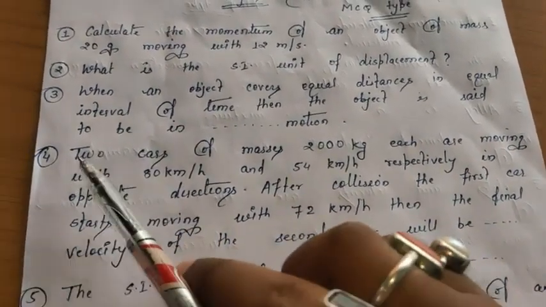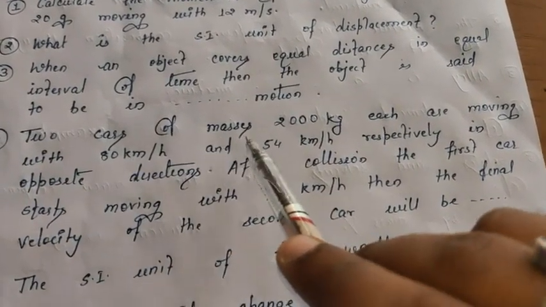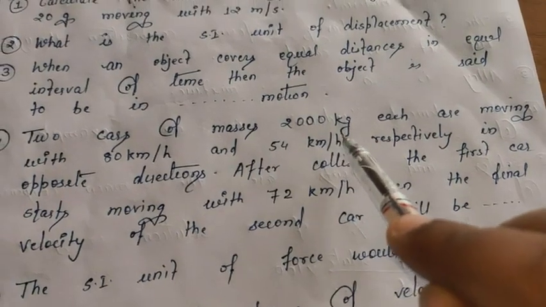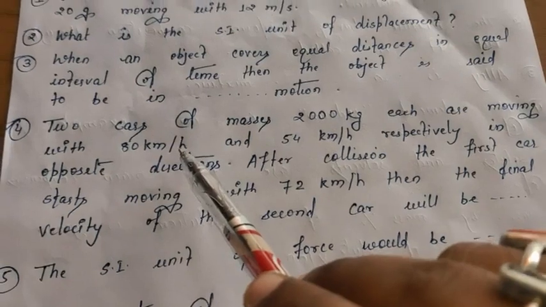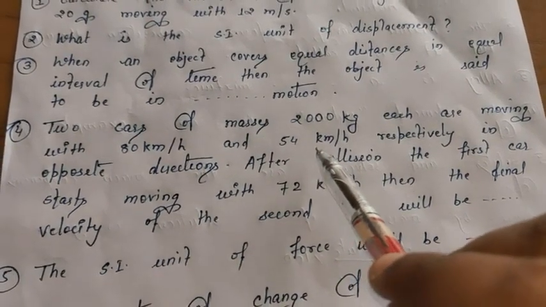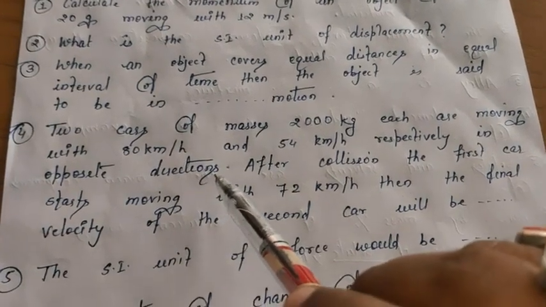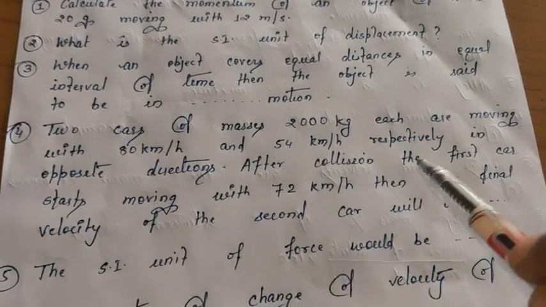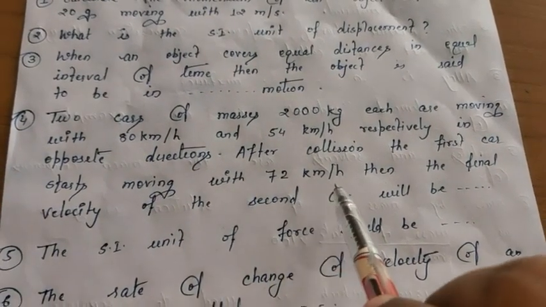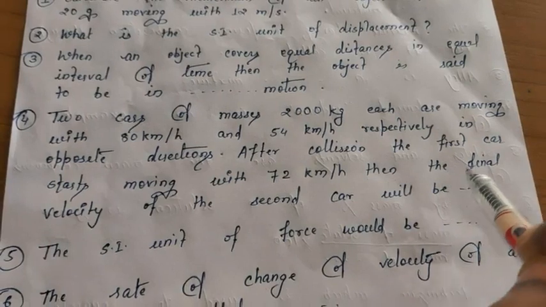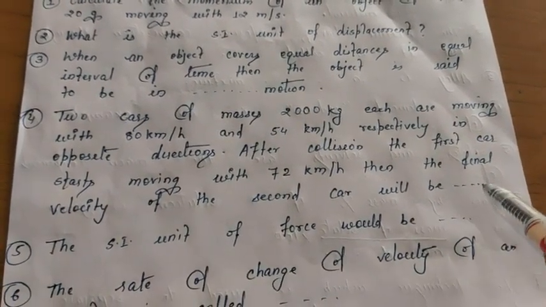The fourth question is: 2 cars of masses 2000 kg each are moving with 80 km per hour and 54 km per hour respectively in opposite directions. After collision, the first car starts moving with 72 km per hour. Then the final velocity of the second car will be dash.